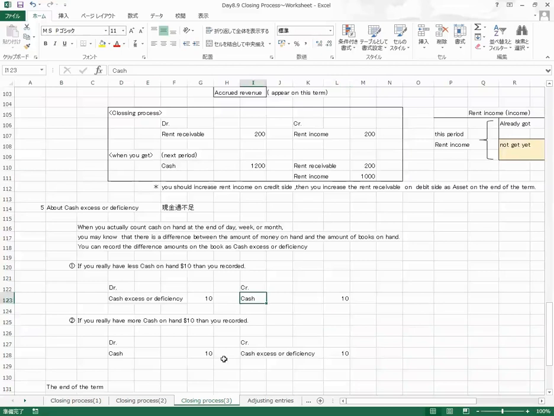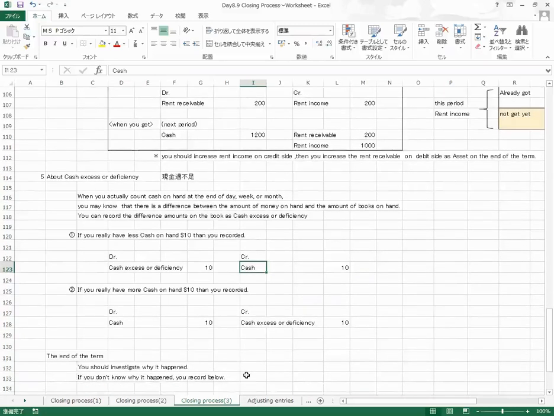So how do you record it first? In any case, cash decreased by $10. So you first put cash on the credit side, because cash decreased, with the amount $10. Then on the opposite side you write cash excess or deficiency, which is the account title, and then the amount 10. For example, number 2, if you really have $10 more cash on hand than recorded, then you record it.